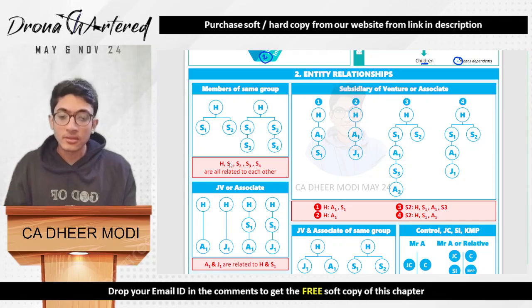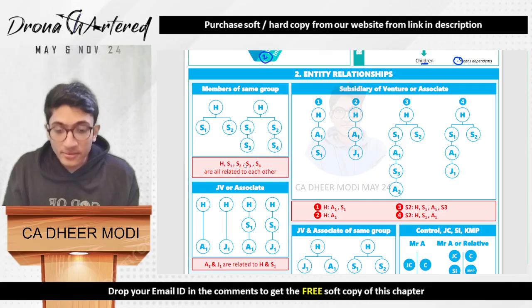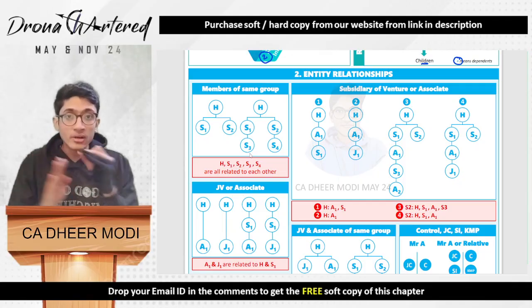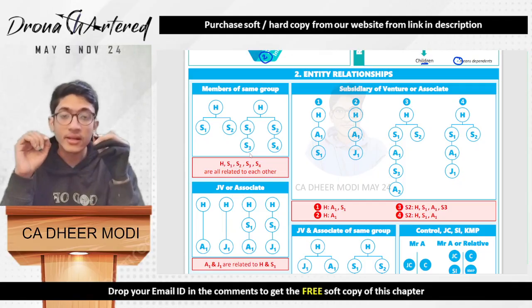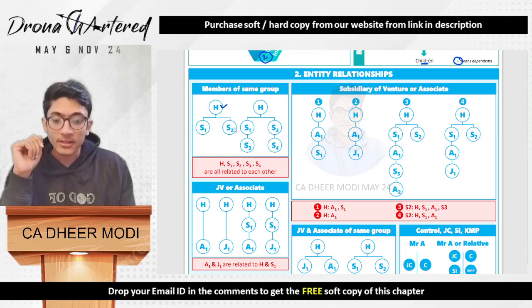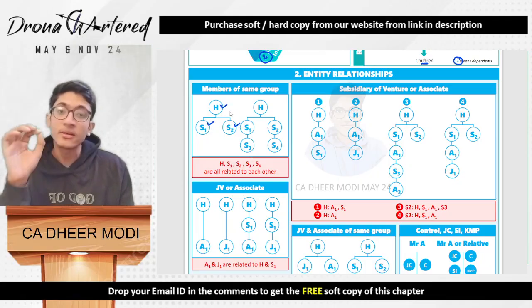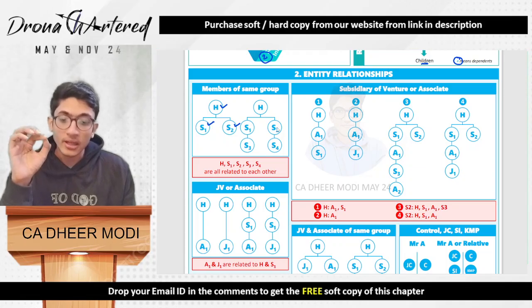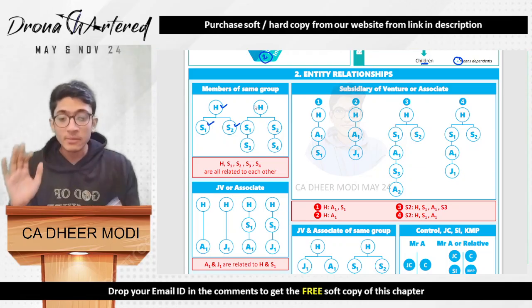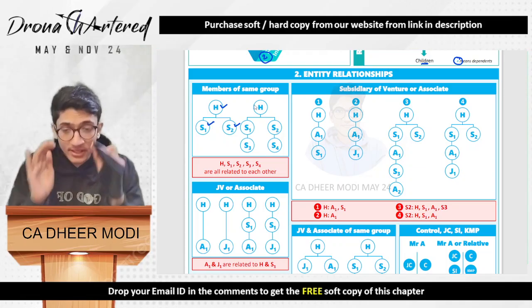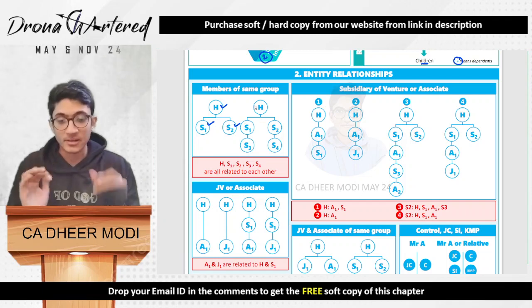In such a case, H, S1, S2, S3 and S4 are all related to each other. For S1, all others are related parties. For S2, all others are related parties. For S3, S4, S2, S1, H, all are related parties. So basically, everybody in this group is a related party.